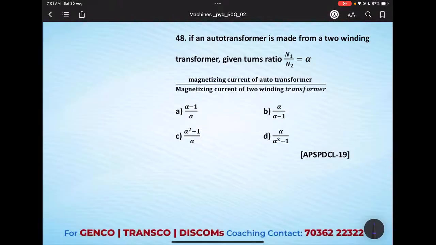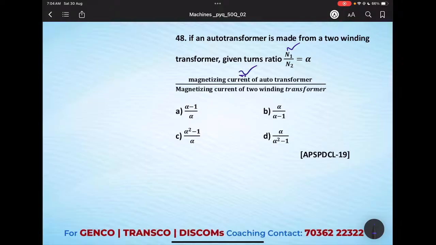The next question is about an auto transformer made from a two winding transformer, given turns ratio N1 by N2 is equal to alpha. The ratio of magnetizing current of the auto transformer to magnetizing current of the two winding transformer is asked. They have given the turns ratio and are asking for the relation between magnetizing currents.